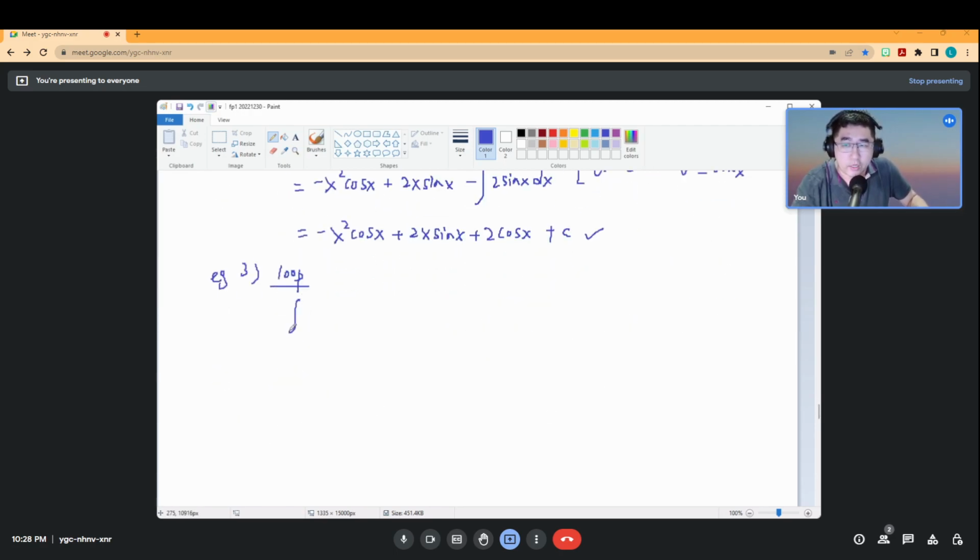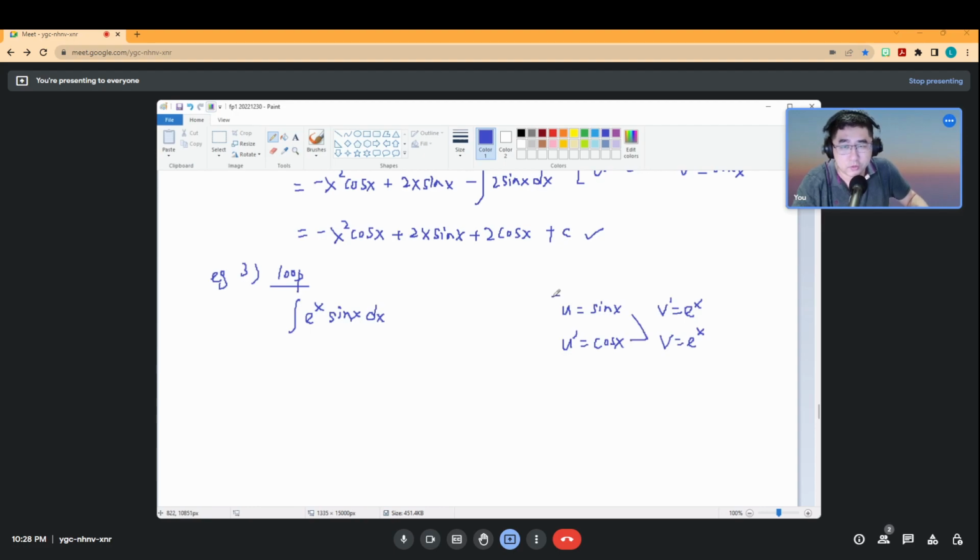Let's say I have the integral of ex sine x. According to the order on how to choose u, ln, poly, trigo, e, I have u equals sine x, my v prime equals ex, my u prime equals cos x, my v equals ex.